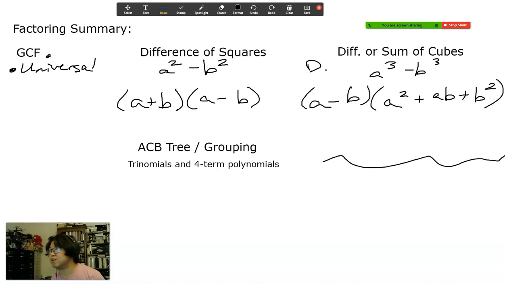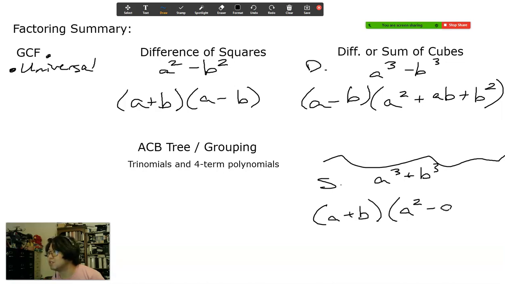That's the form you should fit with the form. And next, finally, is the sum. It would be a cubed plus b cubed. And similar to the above, you're going to be looking at an a plus b times an a squared minus ab plus b squared. Very similar, but watch the signs on this one.